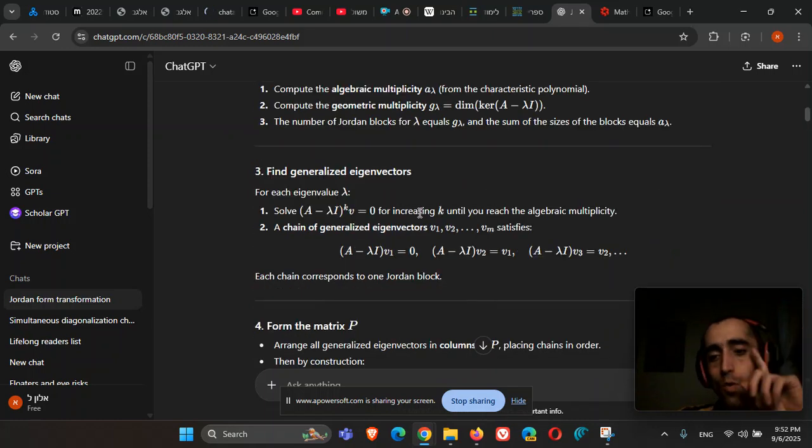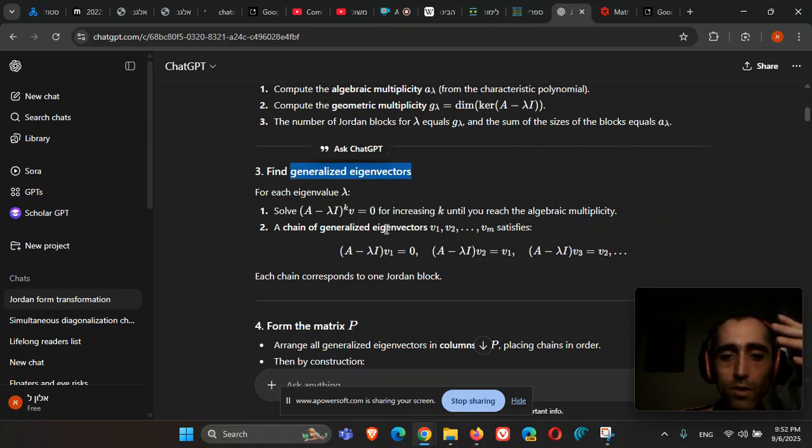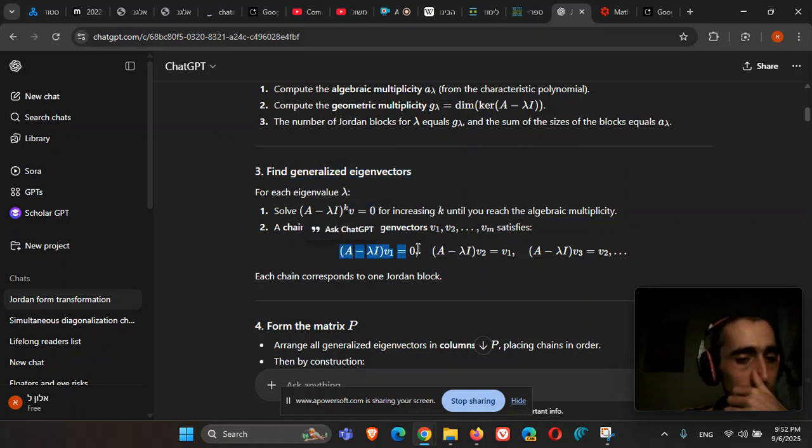Now, if the matrix is not diagonalizable, you need to do this. After you find the eigenvectors, you will find what are called generalized eigenvectors. You find the eigenvector by solving this in order to find the eigenvector for the eigenvalue lambda, right? This is totally normal.